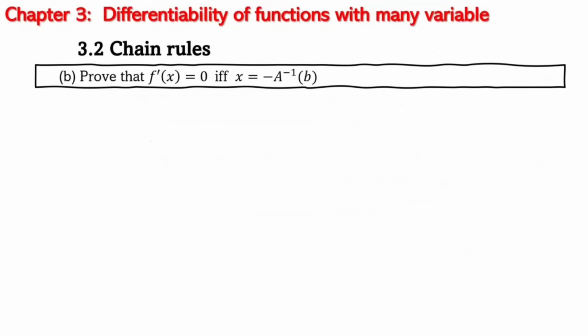Okay, now the next part is that we say f dash x equals 0 if and only if x is equal to minus A inverse b. To prove that, we first consider A. Since A belongs to L(Rn, Rn), A is bijective.